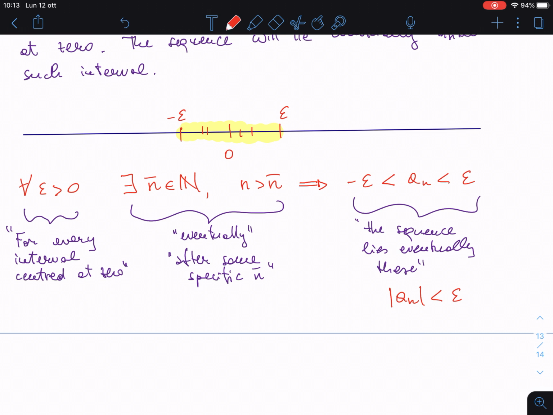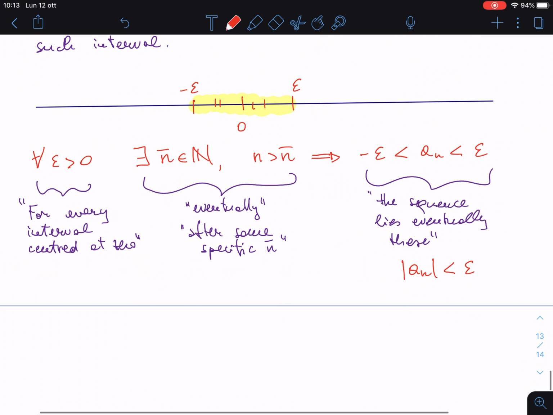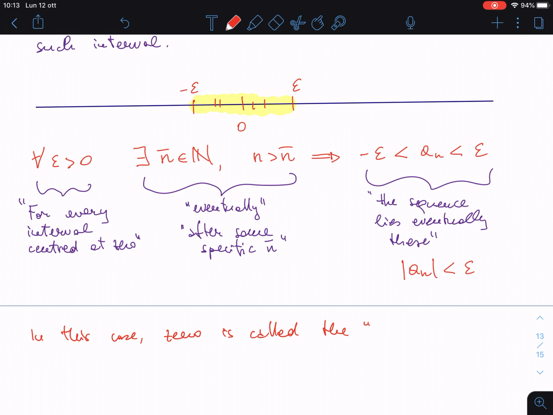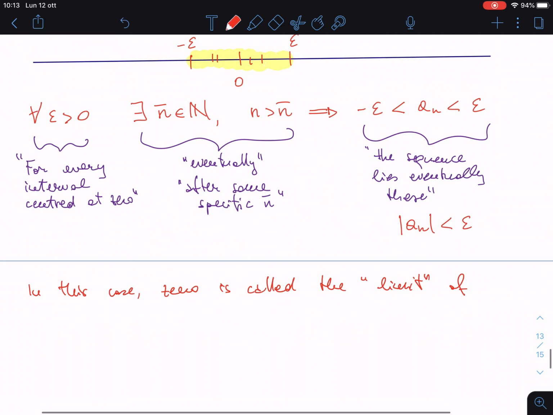So, okay, now one can introduce another word that will be defined immediately after. So, in this case, 0 is called the limit of the sequence an.